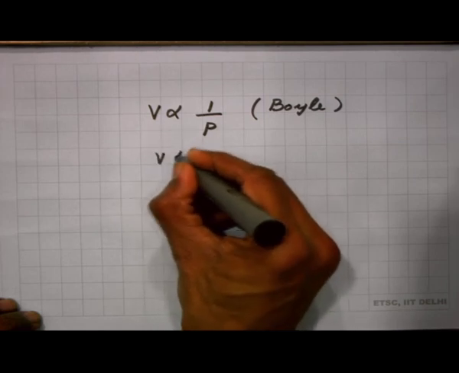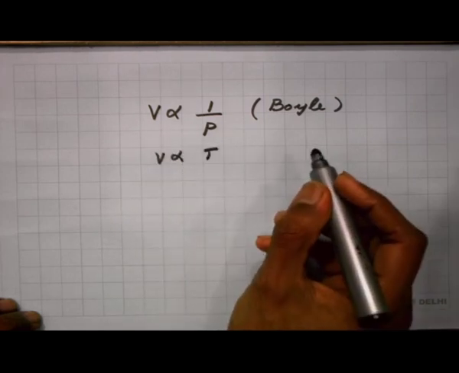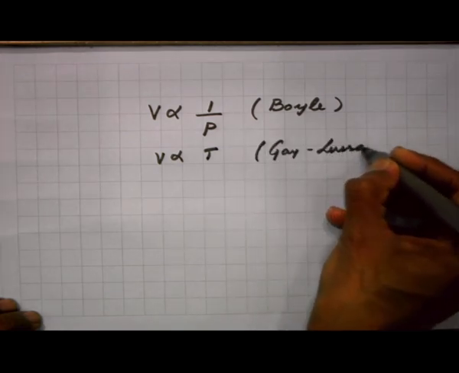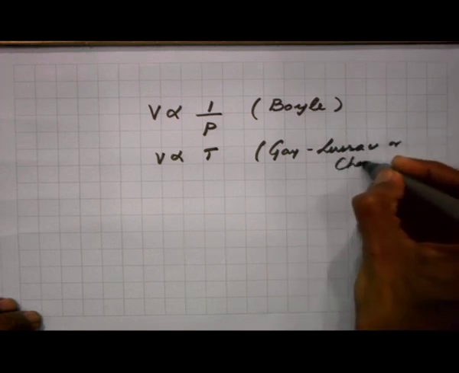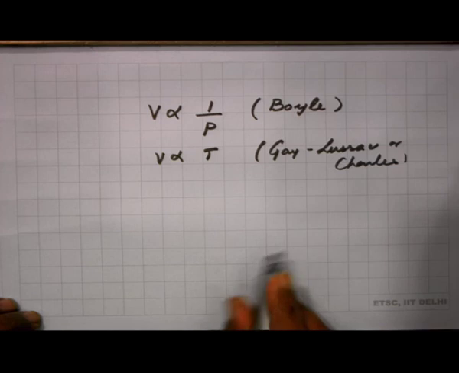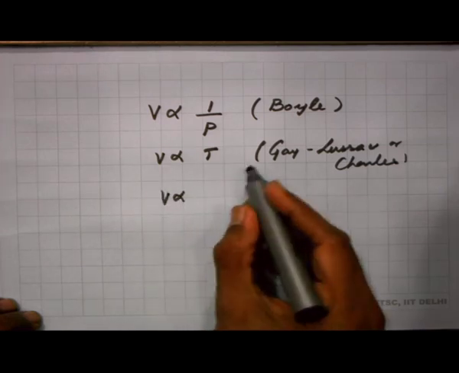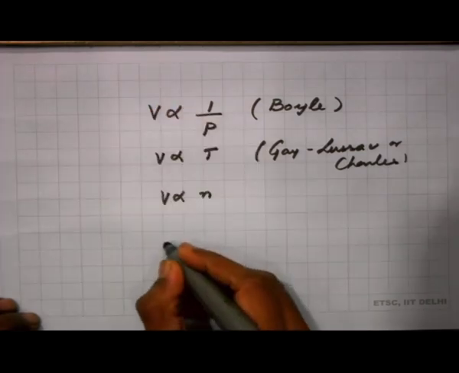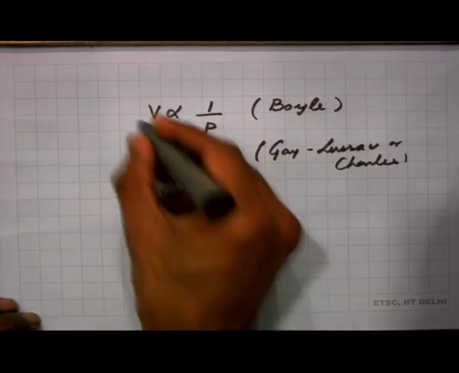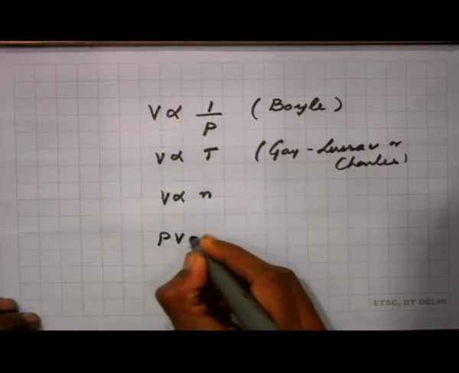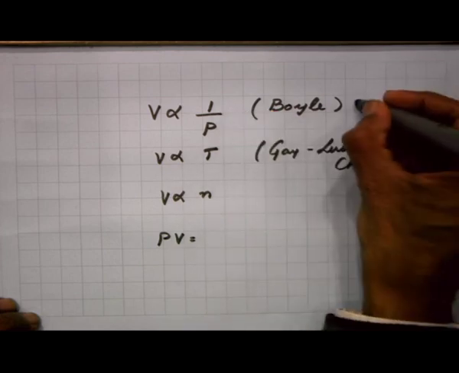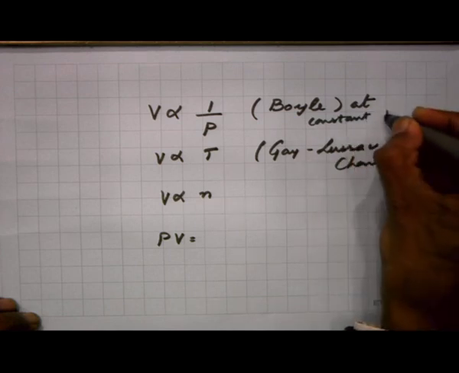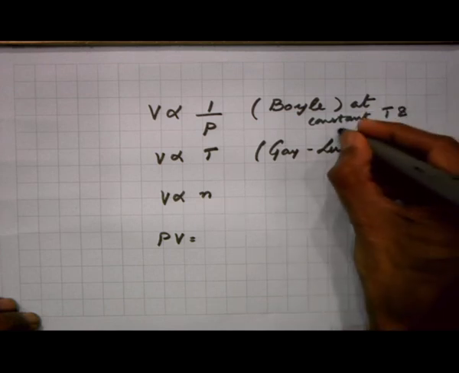We know that V is proportional to T. This is attributed to either Gay-Lussac or Charles. And according to the Avogadro hypothesis, V is proportional to N. Now, you put these three things together and from here you get PV equal to a constant, at constant T and number of molecules.